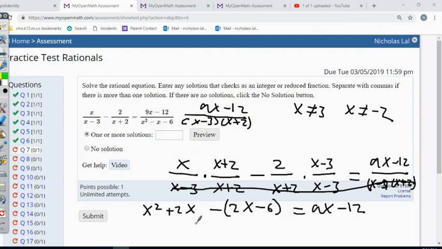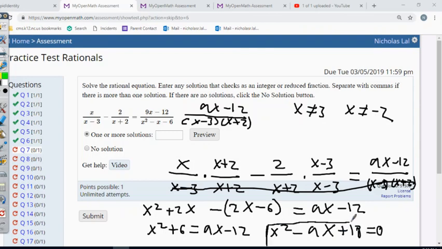So x squared plus 2x minus 2x minus 6, that's just going to become x squared minus 6 equals 9x minus 12, which means x squared minus 9x plus 18 is equal to 0.